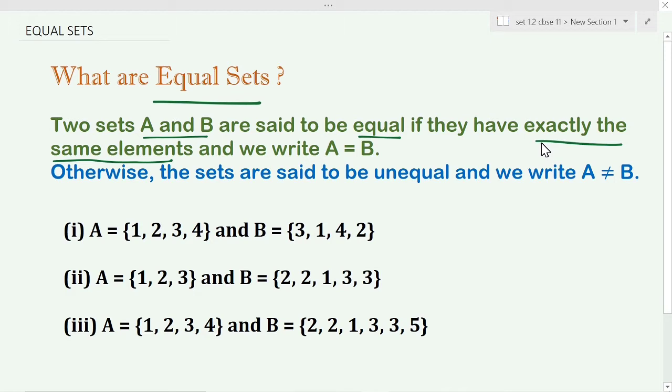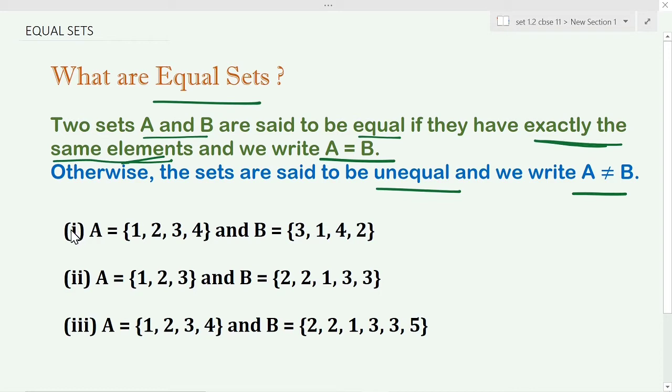That A and B two sets are equal if they have exactly the same elements, and we write it as A equals B. Otherwise the sets are said to be unequal. If two sets are not equal, they are unequal, and we write it as A not equal to B.